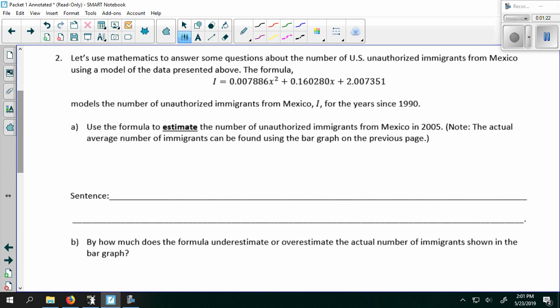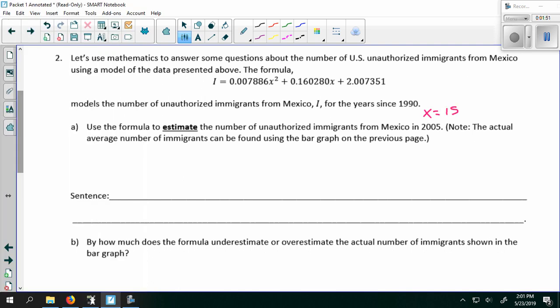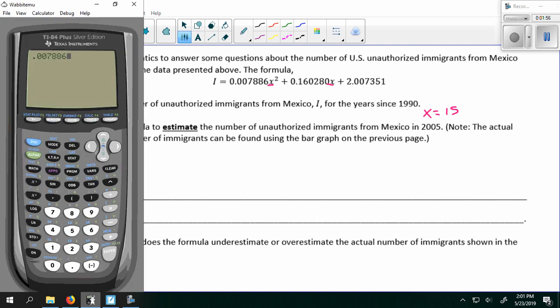The actual number of immigrants can be found on the bar graph on the previous page, but we're going to estimate it using this formula. So I've got my calculator and I have 0.007886. Oops, I missed a 0. And then I have to multiply 2005. That is 15 years after 1990, so I'm doing x equals 15 here. So I'm going to replace each x in this formula with a 15.